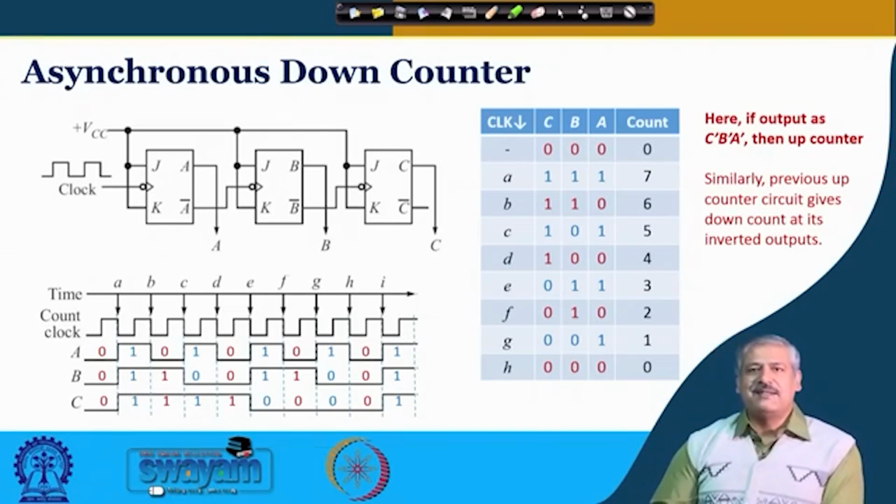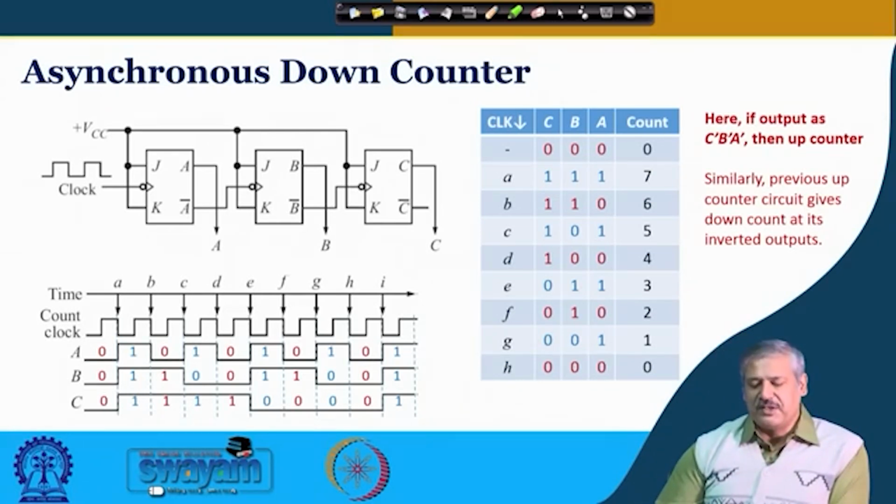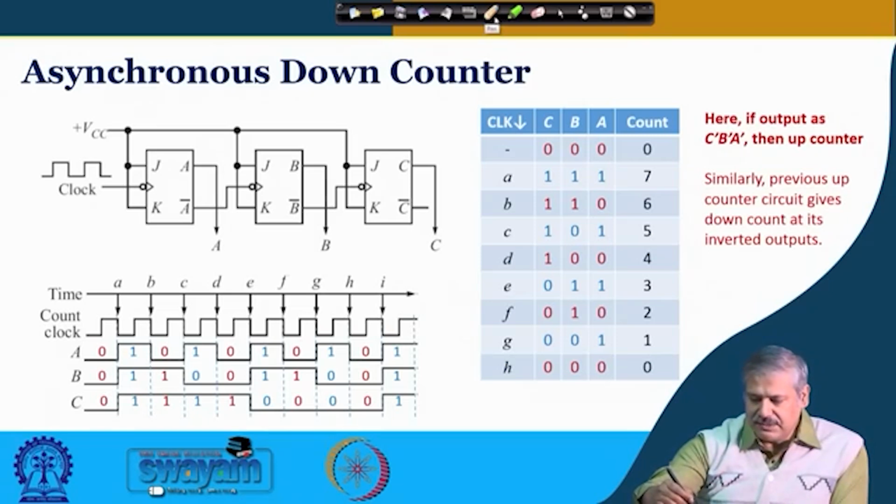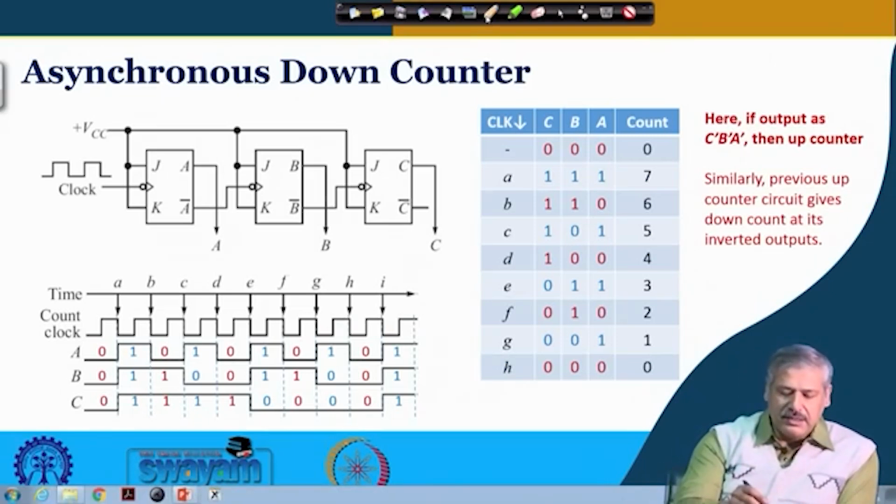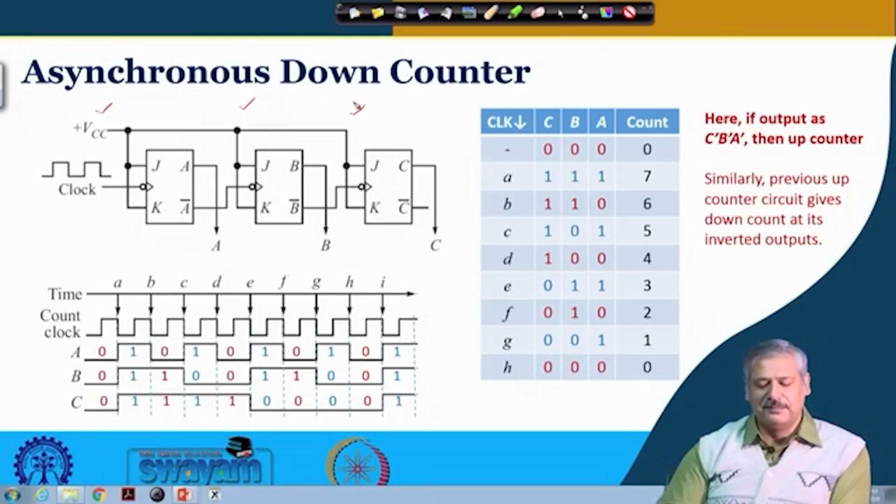Now we look at the asynchronous down counter. The asynchronous up counter we have seen. For the asynchronous down counter, again we look at a modulo 8 counter. With three flip flops, 2 to the power 3, a maximum modulo 8 counter is possible. You can see the circuit input side remains the same. Each flip flop will toggle.